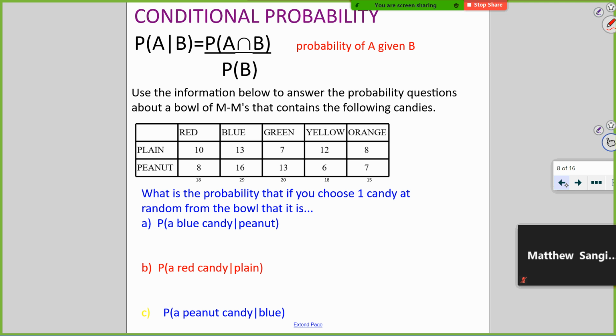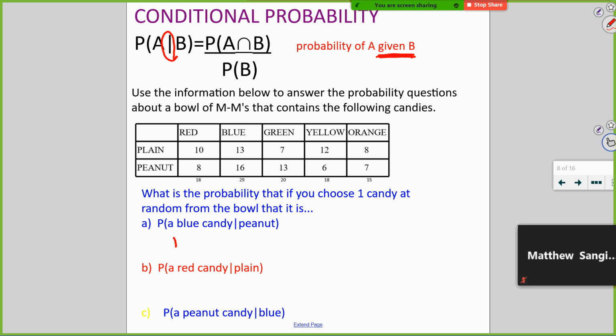Probability. So I don't know if you guys are going to know how to do this one, right? So I just want you to read the first one. It says a blue candy, then it has this vertical line. And this vertical line right here means given or knowing that it is.